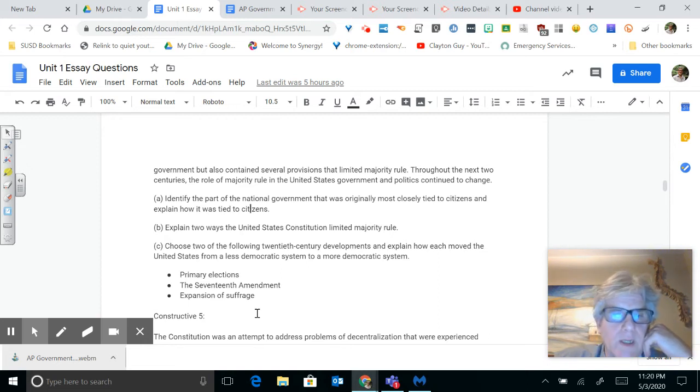The 17th Amendment called for the direct election of senators, not by the state legislatures, but by direct election by people. So the 17th Amendment created a more democratic system where people in the state voted for the senators. If you look at Arizona, Kristen Sinema was elected, but if we went by the old way before the 17th Amendment, she never would have been elected. The state legislature in Arizona has typically been Republican forever, and the governors have been Republican.